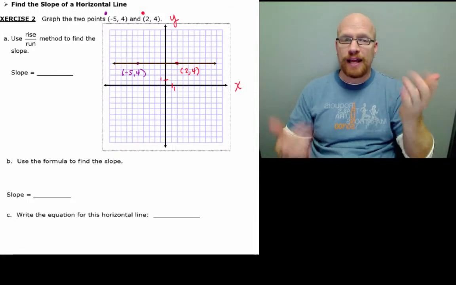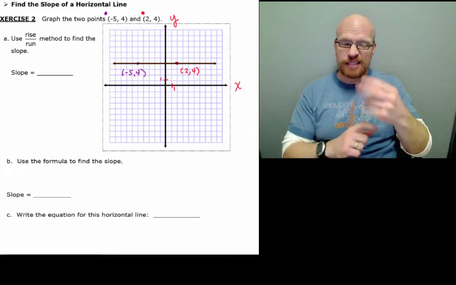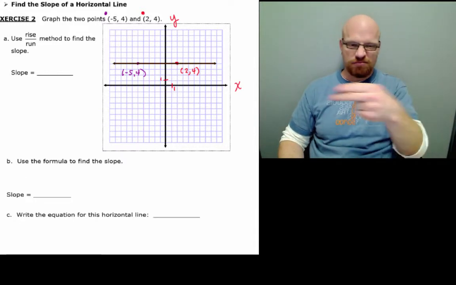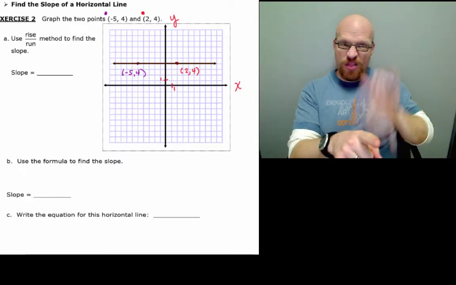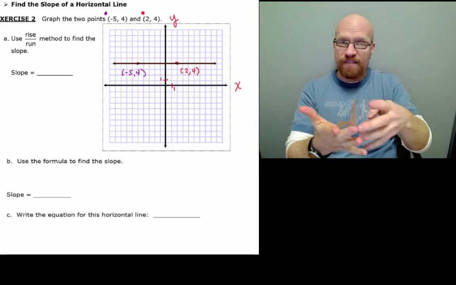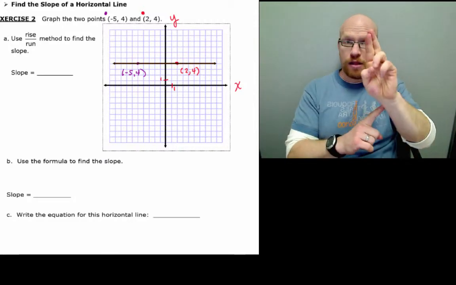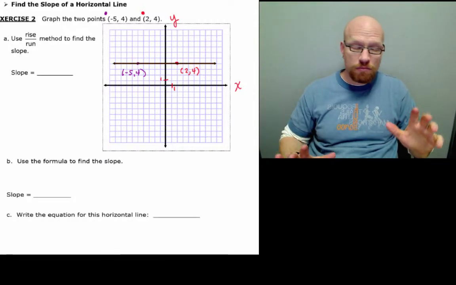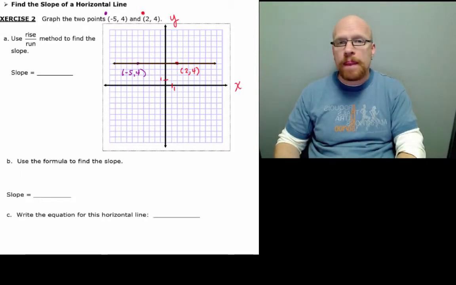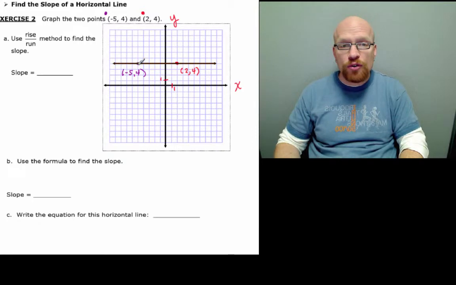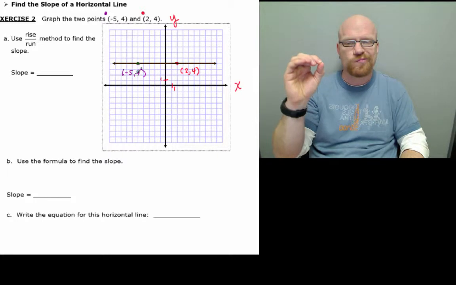Now we have a graph of a line that's horizontal. We're going to figure out the slope by using the graph method of counting. Still, rise over run. I can see here from the purple point, up, none, down, none.